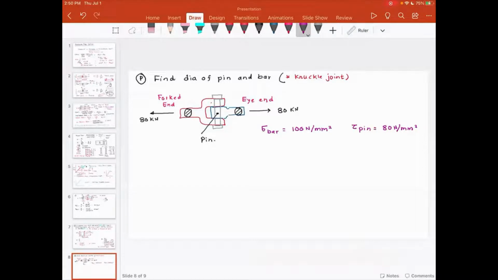So for example, if the eye end or the fork end were to fail, would it fail in tension or would it fail in shear? I'm looking at the chat window. So you can type your answers. The bar, not the pin, the bar.